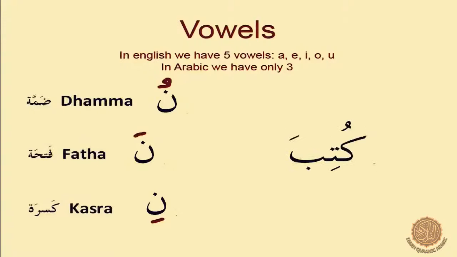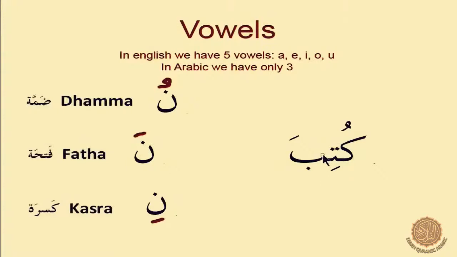So let's try to pronounce this word. This is a kaf, so it has a k sound, and on top of it is a damma, so there's a u sound. So that would be ku. Then we have the ta with a kasra, so that would be ti. So ku ti.